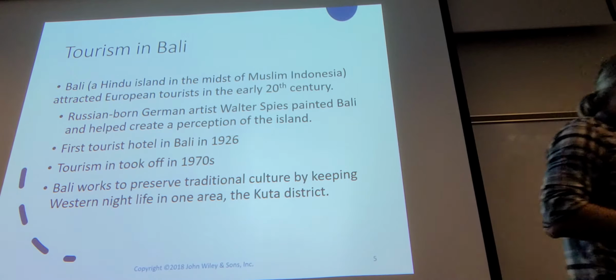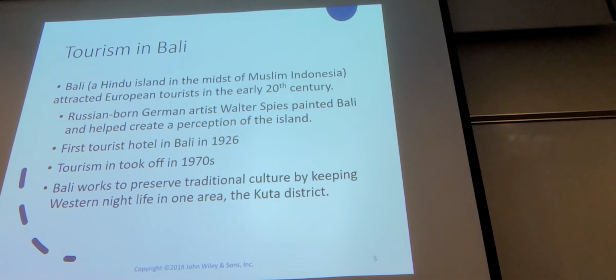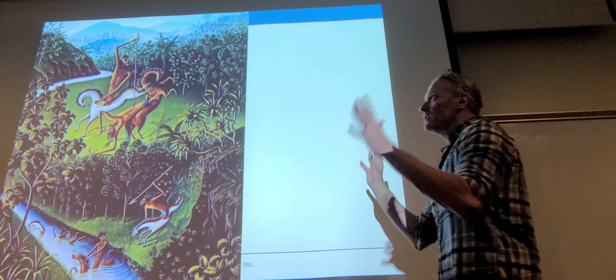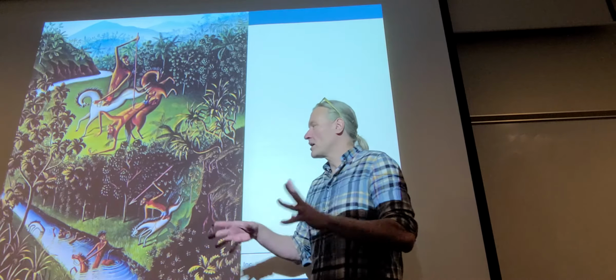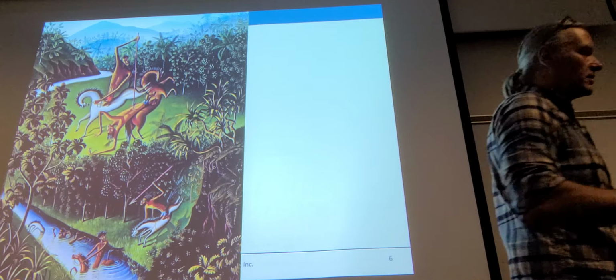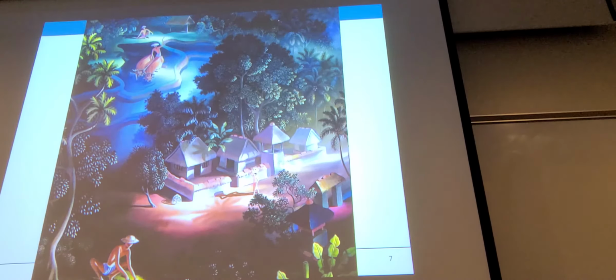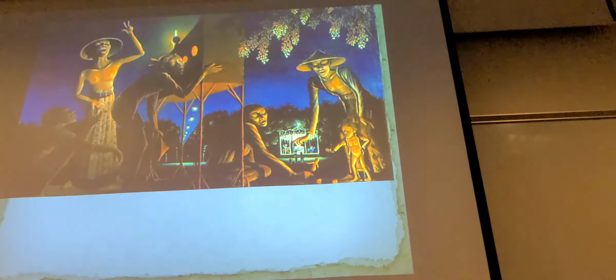Let me look at this art here that I dug up. People who are tourists would come to this region wanting to see this, right? Wanting to see these kind of romanticized, exotic images, right? Small villages, rural lifestyles.